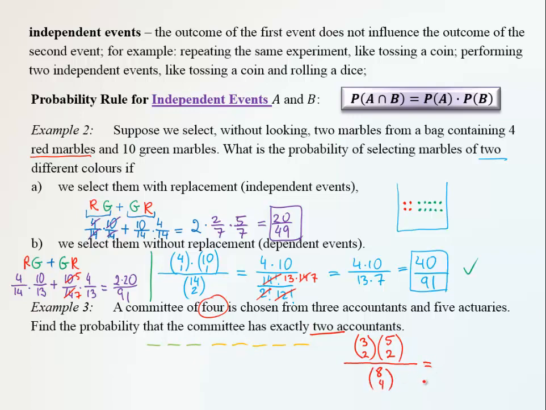And then we calculate. 3 choose 2 is just 3. 5 choose 2 is 5 factorial over 2 factorial, 3 factorial. In the bottom, we have 8 factorial over 4 factorial, 4 factorial. So if we simplify the 3 with 5, leaving 4 times 5, and reduce with 2, that will be 10. 10 times 3 is 30.